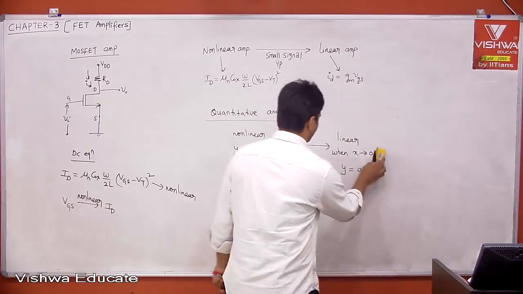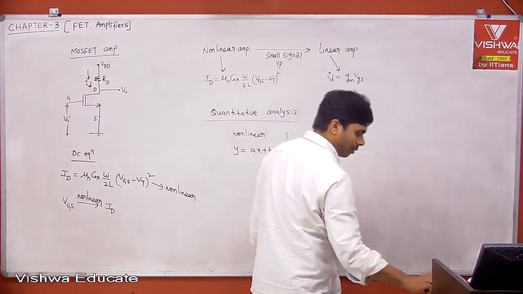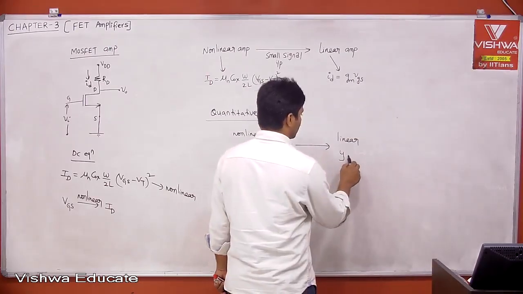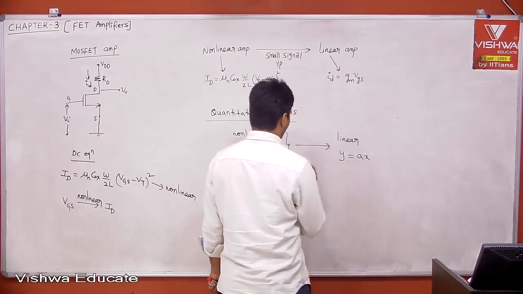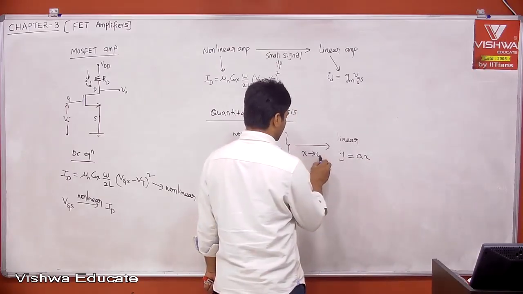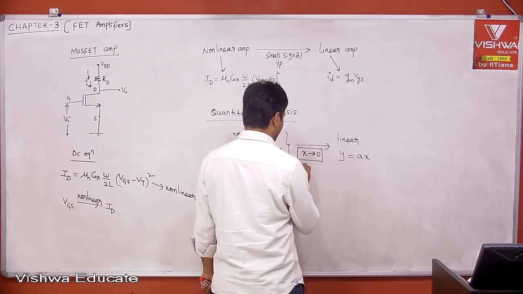I can say it is becoming linear, which is y is equal to ax provided x tends to 0. This is the condition which is required.